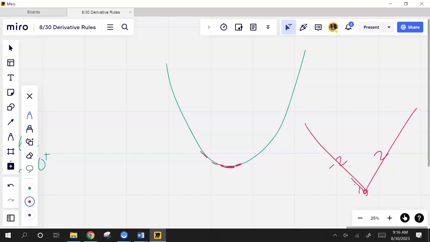As I approach this, the slope is still -2, but as I approach this one, it's getting closer and closer to 0. Like this slope might be -0.5, then -1/4, then -1/8, getting closer and closer until it finally gets to 0. But this one, it's just -2, -2. Oh, all of a sudden it's not -2 and it's +2. This one is going to approach it from both sides, getting closer and closer.